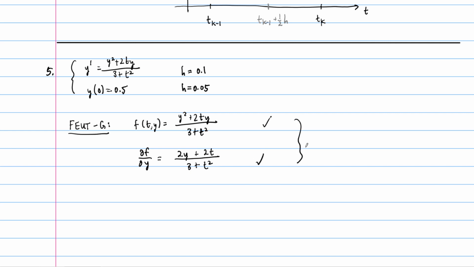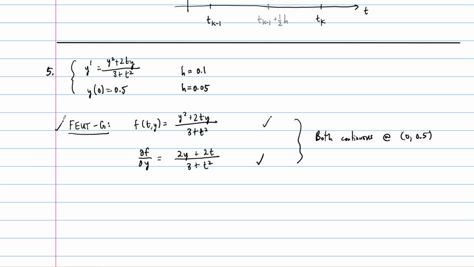So these are both continuous, and they're both continuous at the point that we care about, at t equals 0, y equals 0.5. The theorem tells us it's worth our time to try to perform these methods.